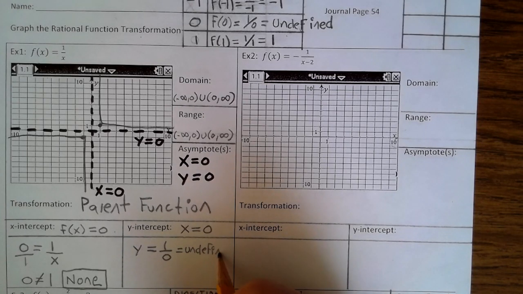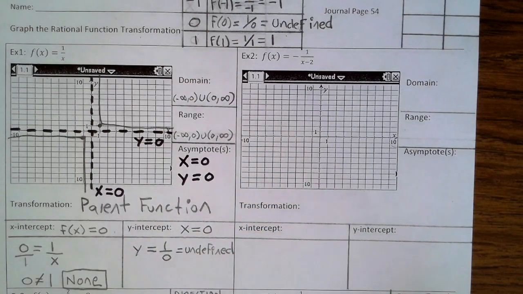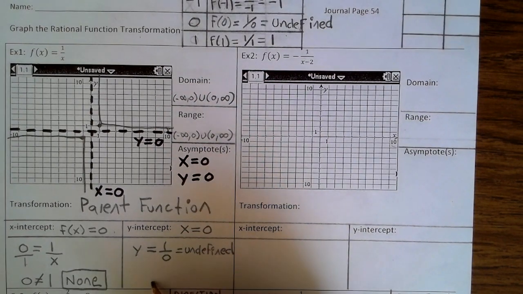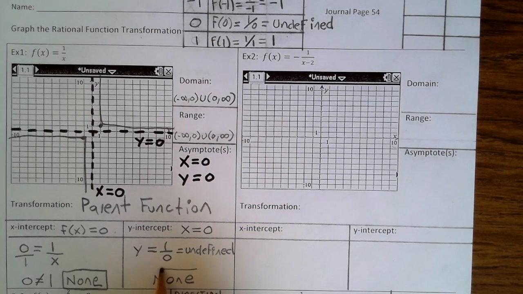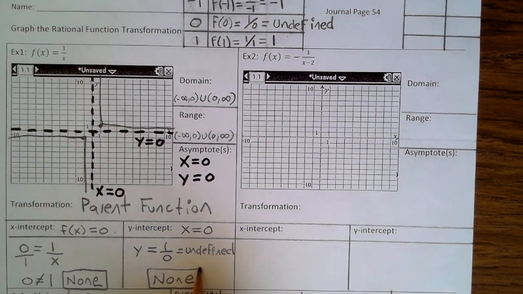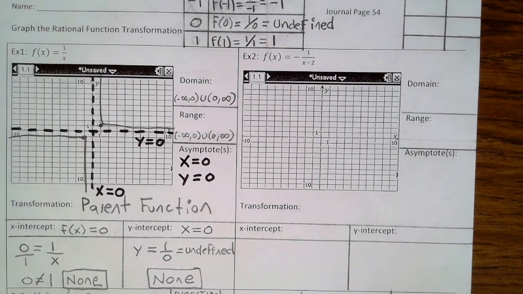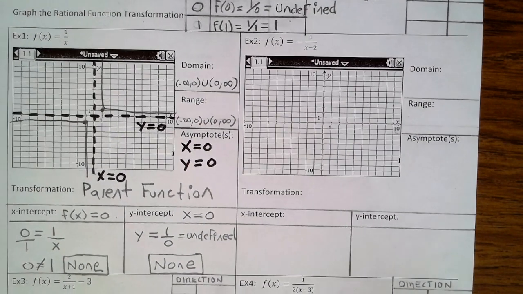So we would say that there are no y-intercepts, or none. Now let's finish up example 1. All right, now let's take a look at example 2.